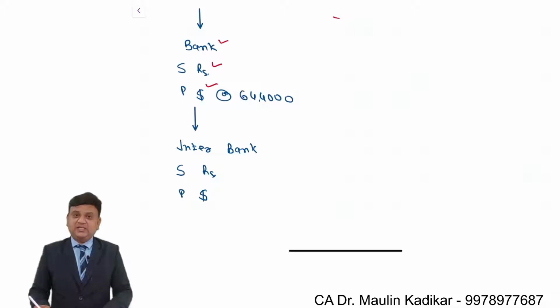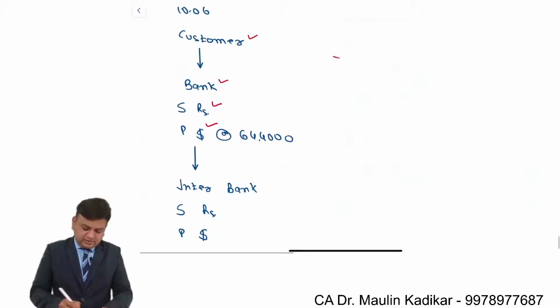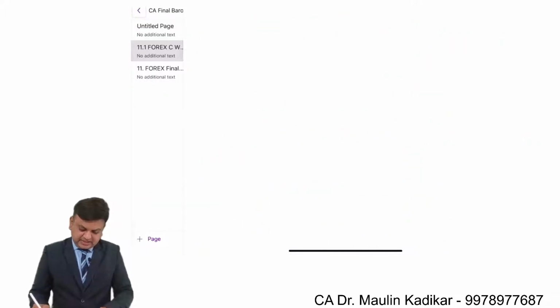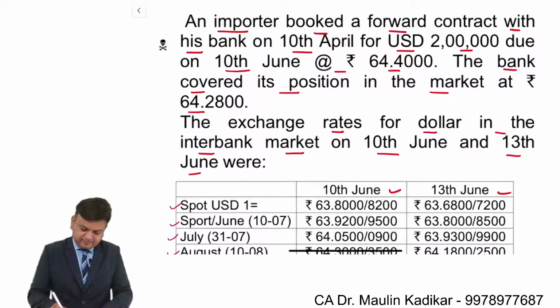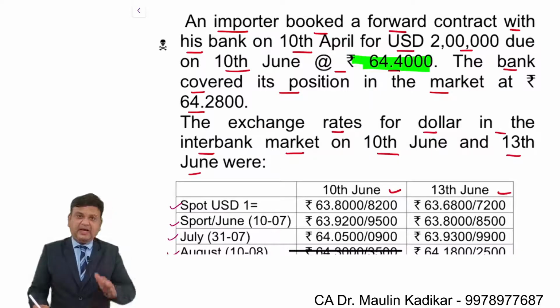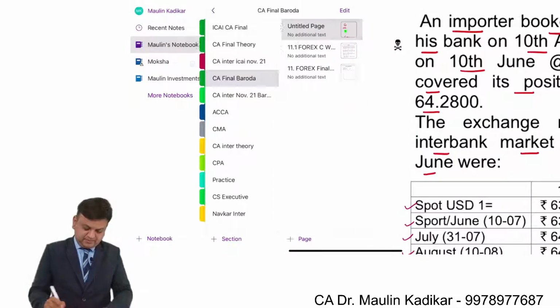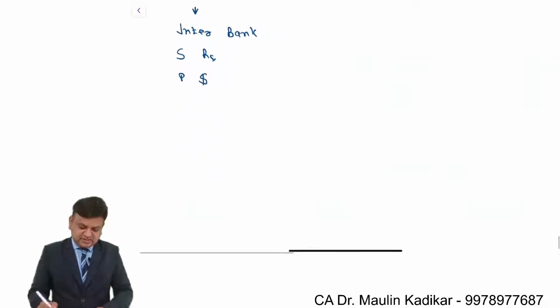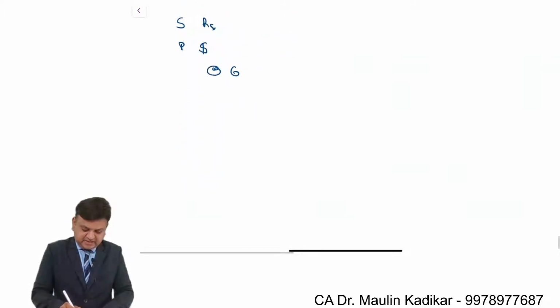What is the exchange rate at which the contract is entered between customer and bank? 64 rupee 40 paise. That is what they have provided. At the same time, the bank also entered into the interbank market, the same transaction to sell rupees and purchase dollar, and for that the exchange rate is provided at 64.28 rupees per dollar.